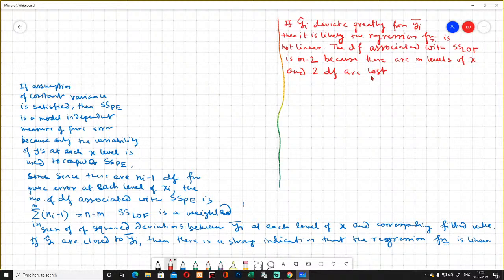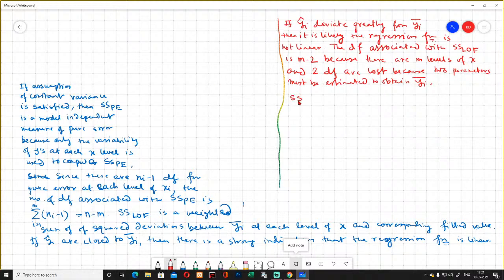One is the intercept, another is the slope. Because two parameters must be estimated to obtain yi bar.